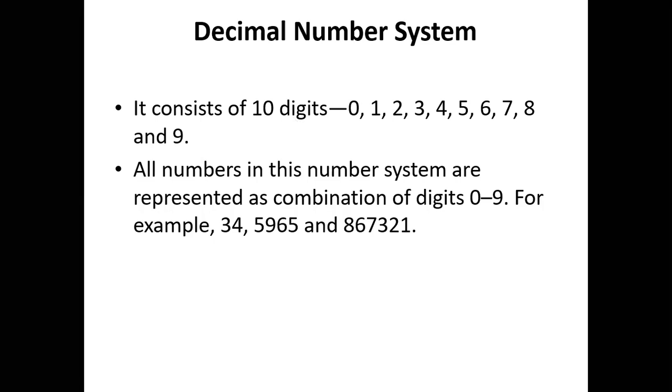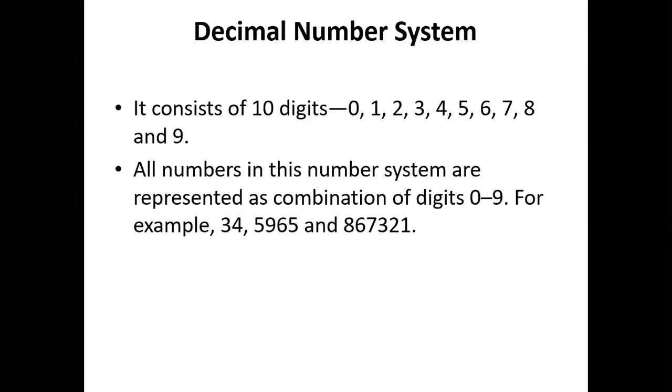All the numbers that you write in base 10 are going to be a combination of digits from 0 to 9. So you can have a number like 34, or a number like this one, or this one. All the digits that you express will use these digits. That's the decimal number system.